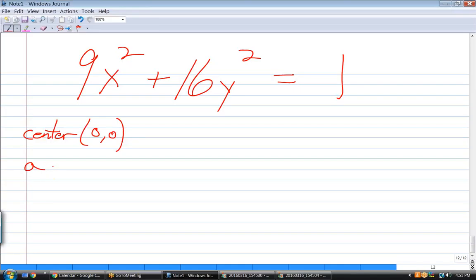What's a? Is it 1/16? Very good. Well, the square root of 1/16, right? In other words, if I want to rewrite this, most people have a lot of difficulty with this. They don't see any denominator. And I can't divide by this number over here because it's already 1.